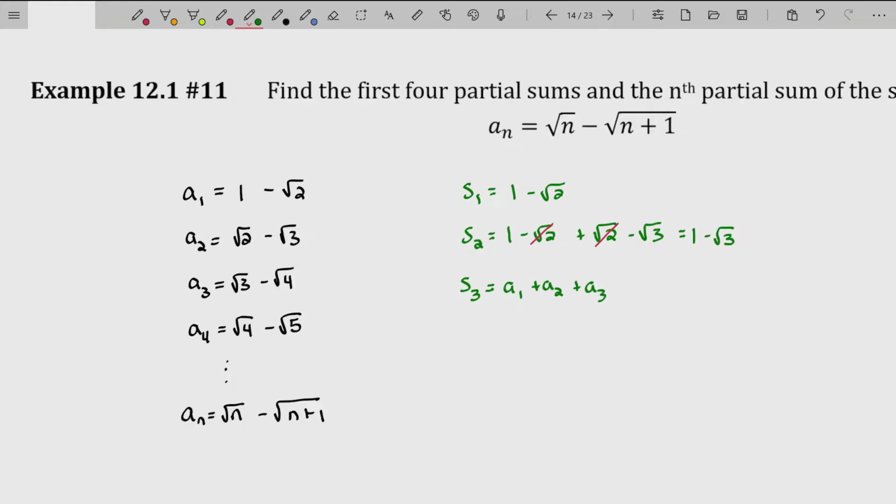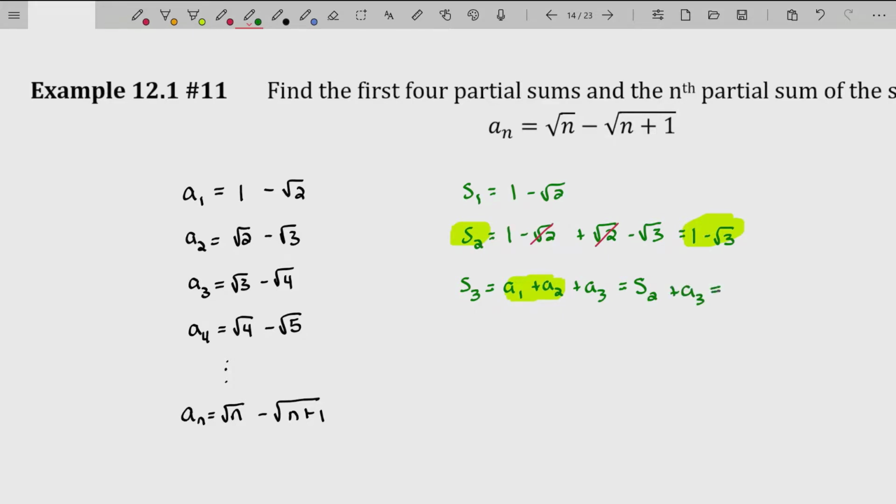And then for the third partial sum, you take a sub 1 added to a sub 2 and add that to a sub 3. Now here's the deal, and this is true for all our nth partial sums. You could easily just say, I already know what a sub 1 plus a sub 2 is. It's right here, that's what S sub 2 is. So I could have, in the previous examples, also done that. I could have said S sub 3 is just the sum of the first two plus the third term in the sequence.